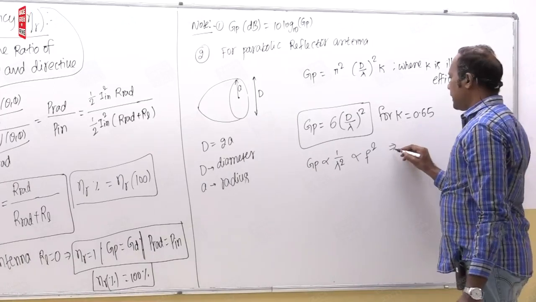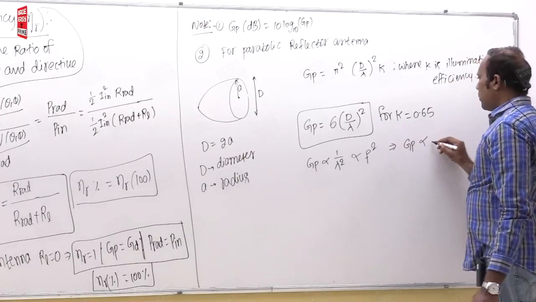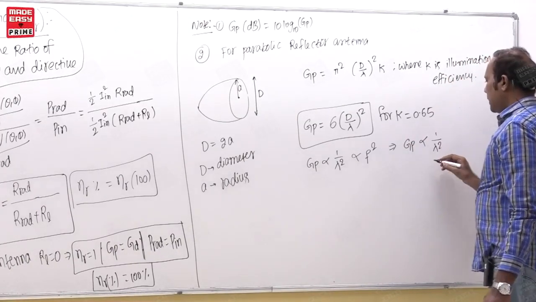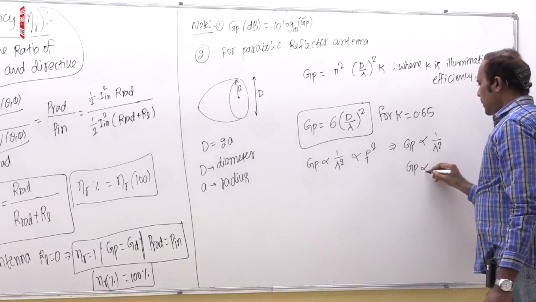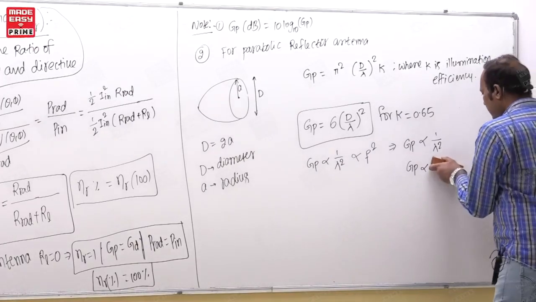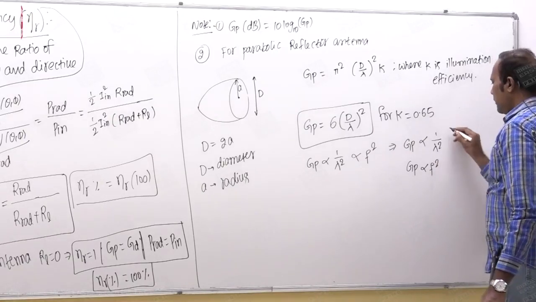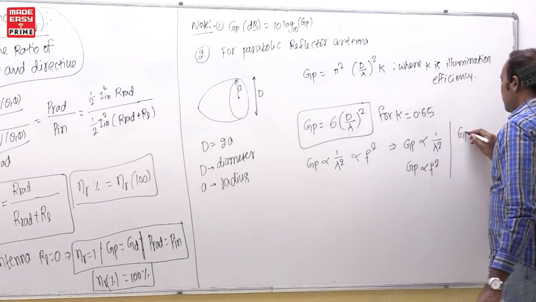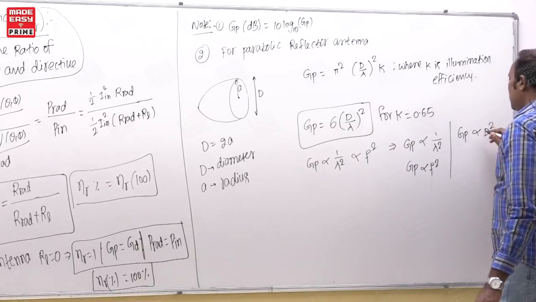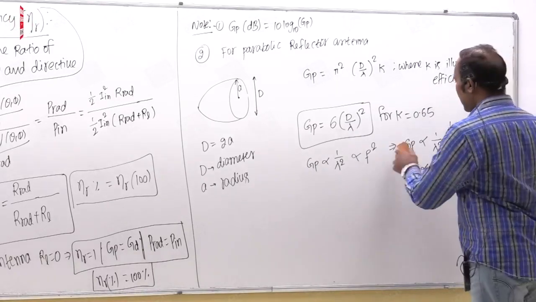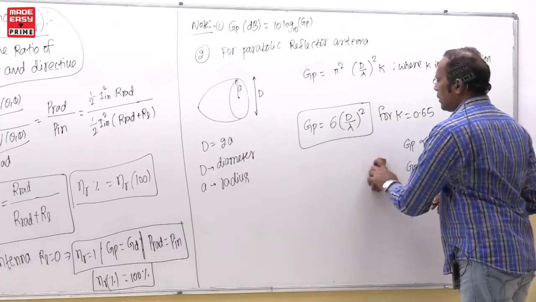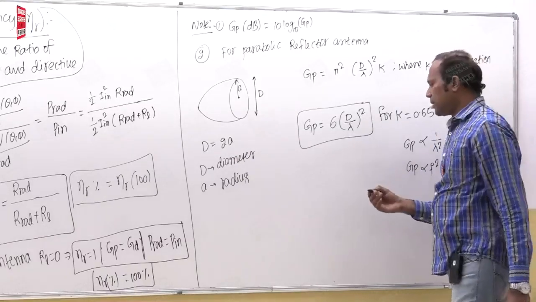I will write it separately: GP is proportional to 1 by lambda square, GP is proportional to frequency square, and also GP is proportional to diameter whole square. Okay, that is the observation.